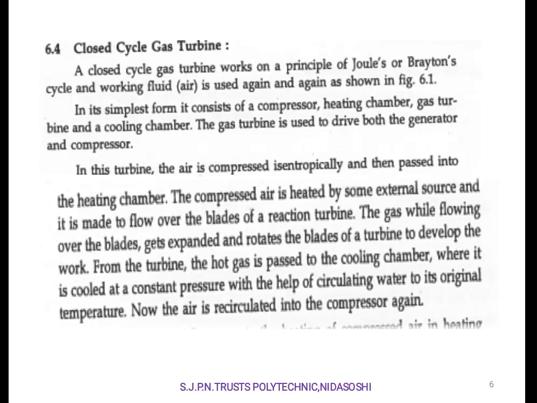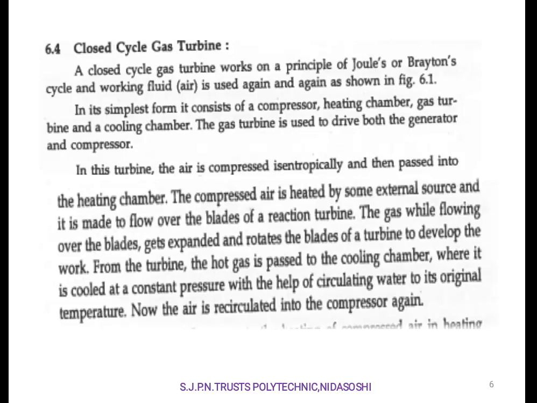Gas, when it flows over the blades, gets expanded and rotates the blades to develop the power. Then from the turbine, hot air goes to the cooling chamber, where the heat is removed, and again it is passed to the compressor. It is compressed again, and the cycle repeats.